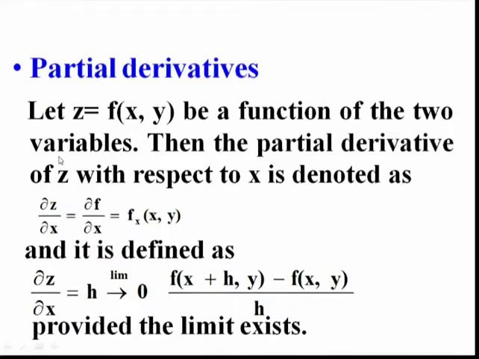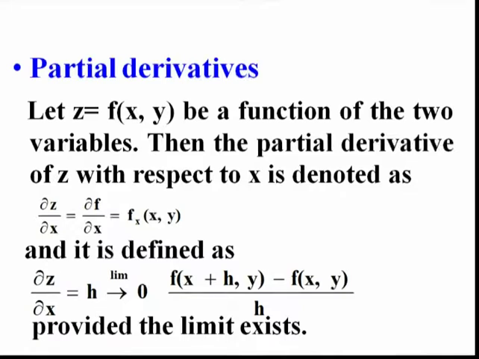Then the partial derivative of z with respect to x is denoted as del z by del x, or del f by del x, or f_x at (x, y), and it is defined as the limit as h tends to 0 of [f(x + h, y) minus f(x, y)] upon h, provided this limit exists. Similarly, we can define the partial derivative of z with respect to y.